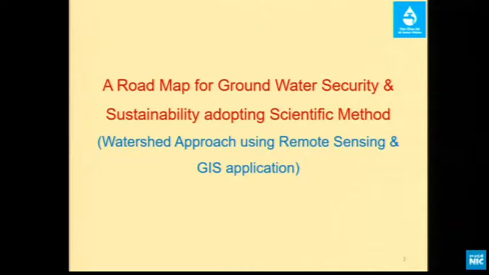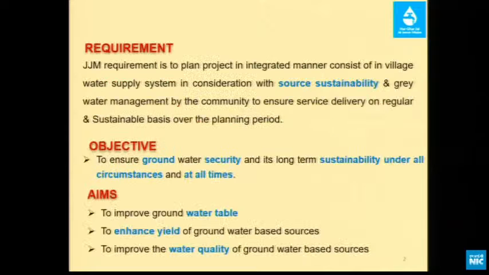So my presentation is on drinking water source security and sustainability, how to achieve it, and regarding planning. A lot of things have been talked about on the platform. What I consider is that a source can be termed the soul of any drinking water supply, and it needs a sustainable source.